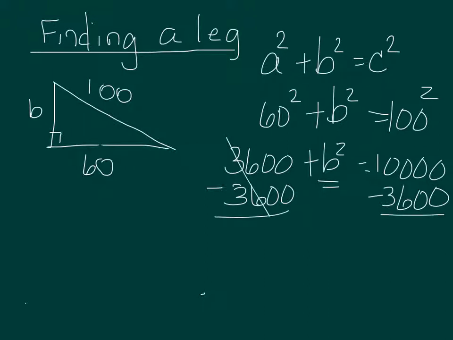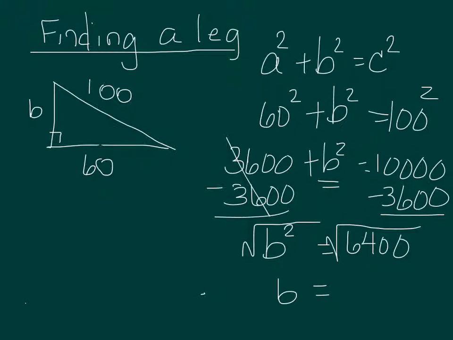So we just got rid of the 3,600. We're left with just b squared. Now what's 10,000 minus 3,600? Well, you figure that on your calculators or on your paper. You're going to get b squared is 6,400. But we don't want b squared, we want b. So how do we end up with b? That's right, we have to take the square root of both sides.